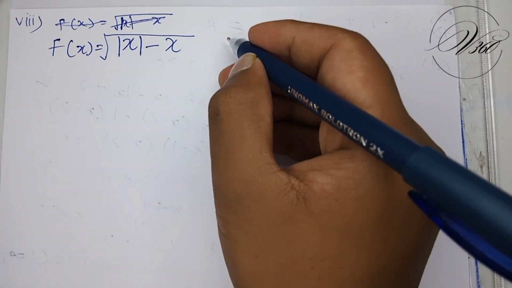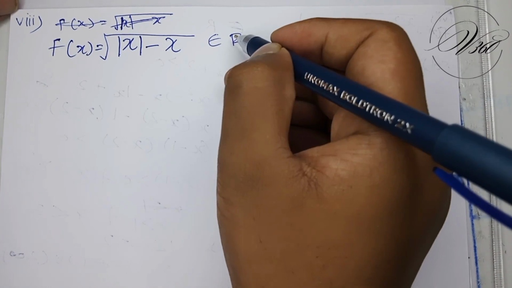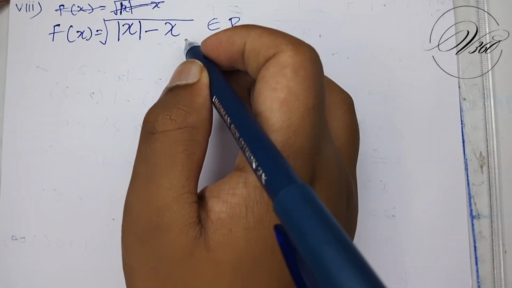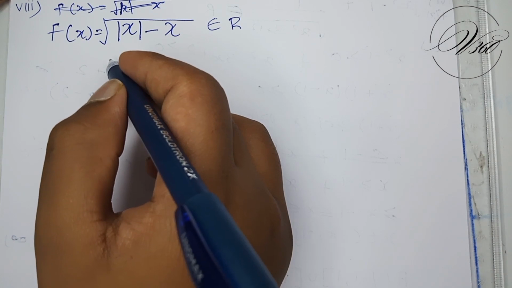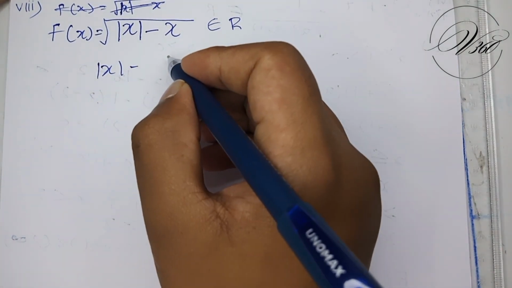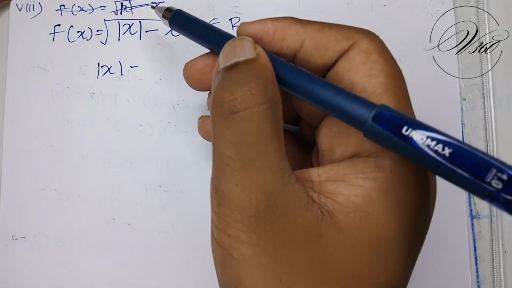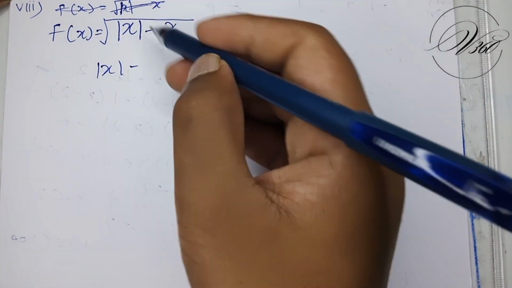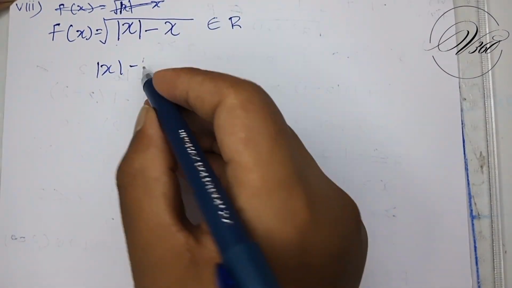Now this is the problem which belongs to real numbers. It is the same as the 7th question, but there it is divided by 1 in the 7th question, this whole term, but here it is not taken.